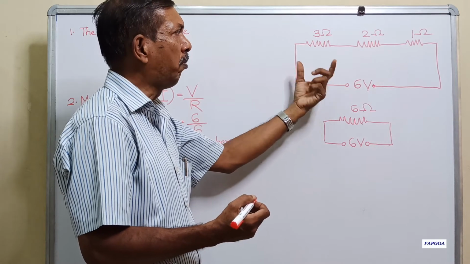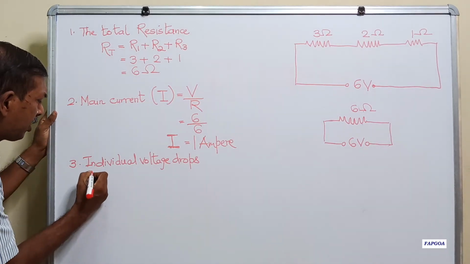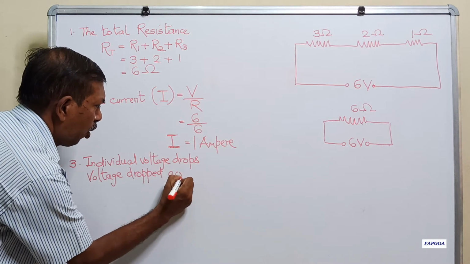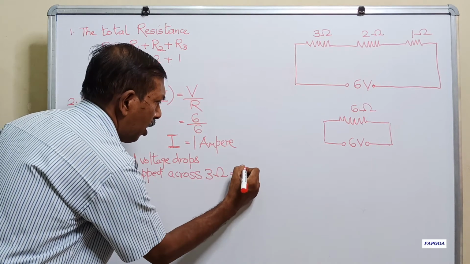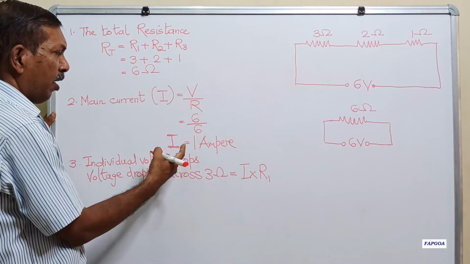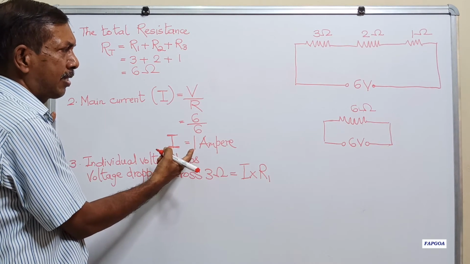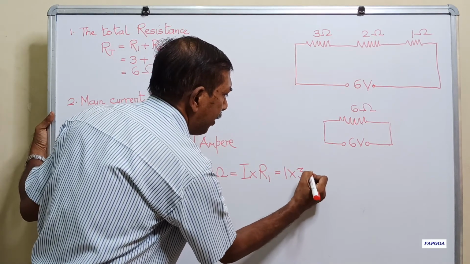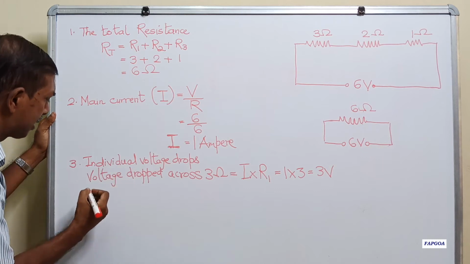So we want to know how much voltage is dropped across each. The voltage drop across 3 ohms is equal to current multiplied by the first resistance. Now in series, current has only one way to flow. That means current remains constant in the circuit. So this is 1 multiplied by 3, so 3 volts is dropped across the 3 ohms resistance.